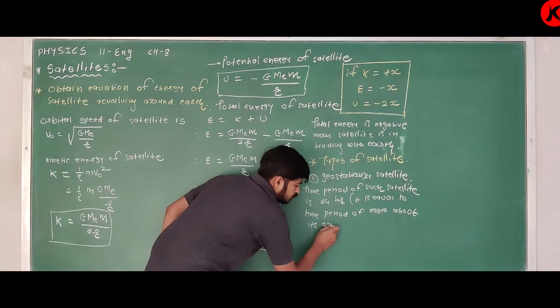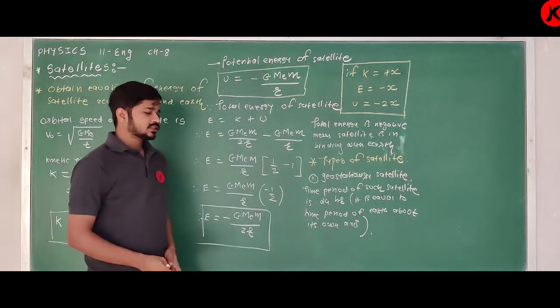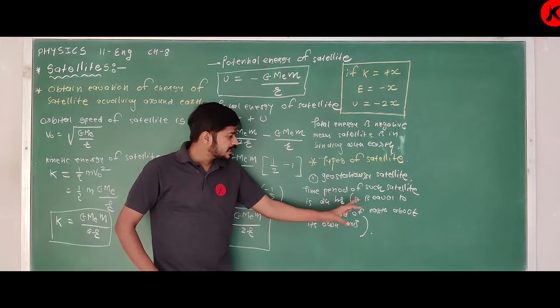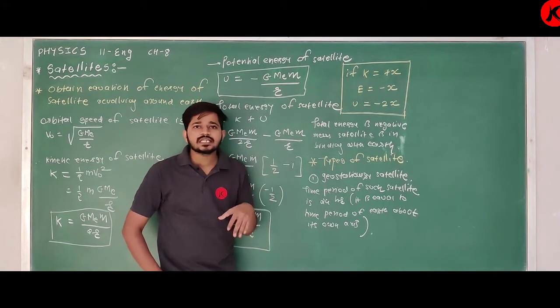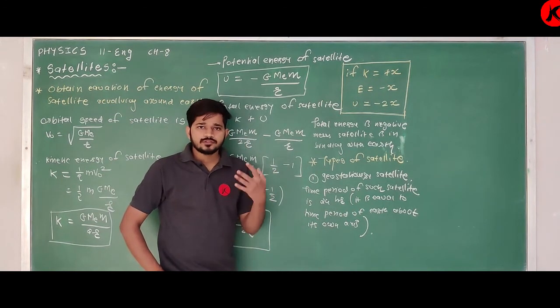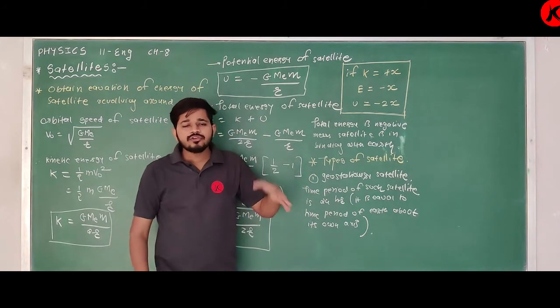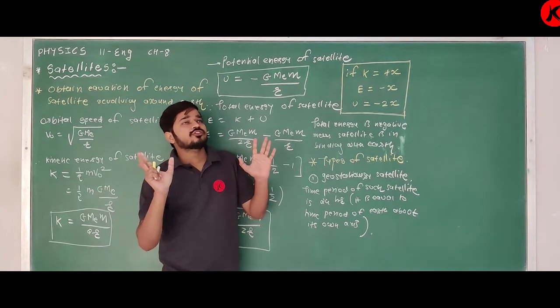So time period of such satellite is 24 hours and it is equal to time period of Earth about its own axis. And therefore, whenever such type of satellites are viewed from Earth, you will find them stationary.